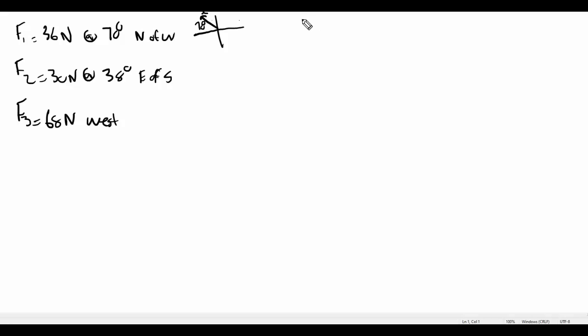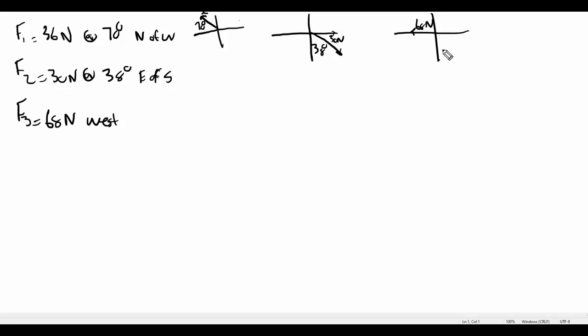Okay, F2 is east of south. So the angle would be here, 38 degrees. The magnitude is 30 newtons. And then 68 newtons west would just be to the west.